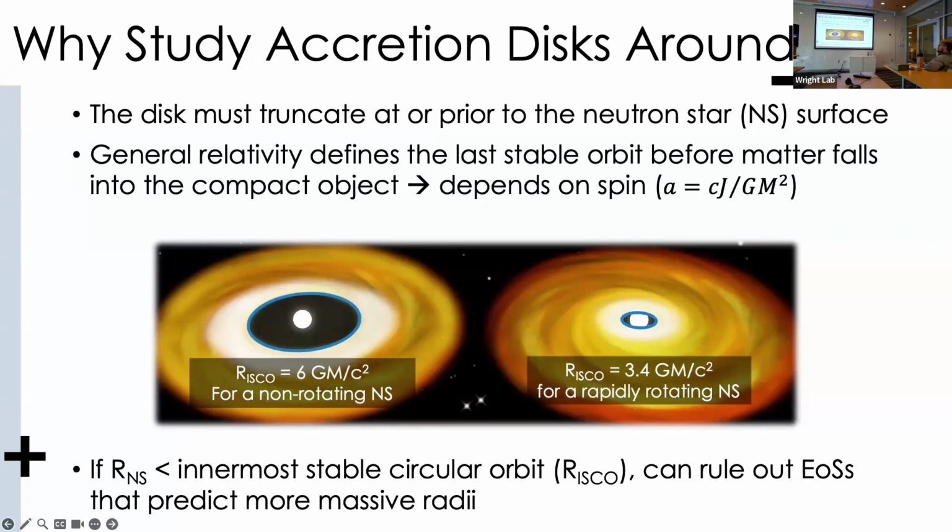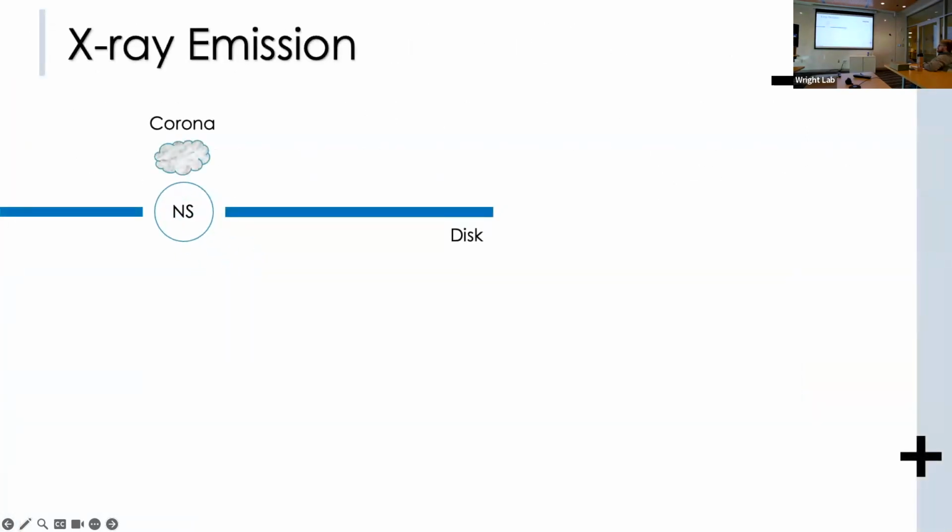So this technique that we utilize to measure the position of the innermost accreting region of the accretion disk is a technique known as reflection modeling. So I'm going to go over the basic toy geometry of this to keep in mind. So the X-ray emission from these systems, you have your accreting compact object, the neutron star here, your geometrically thin but optically thick accretion disk, and then hot electrons in a coronal region, which can produce hard X-ray emission.